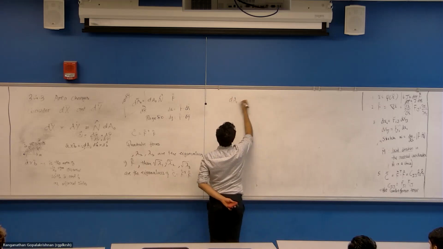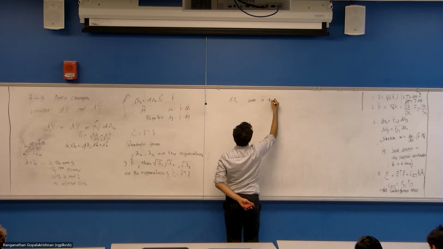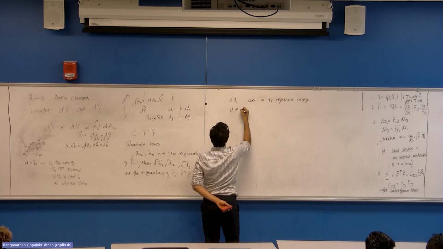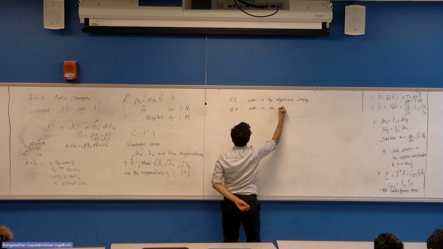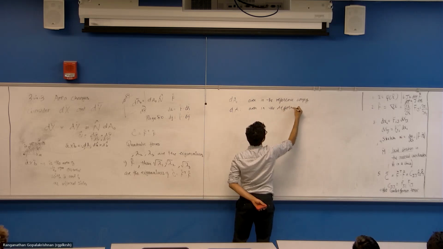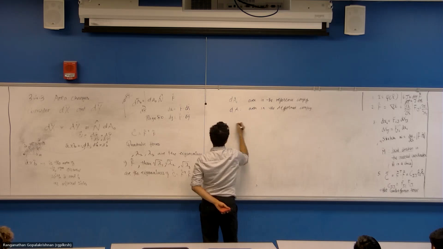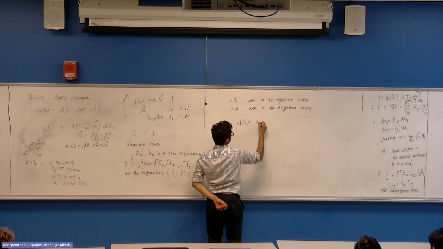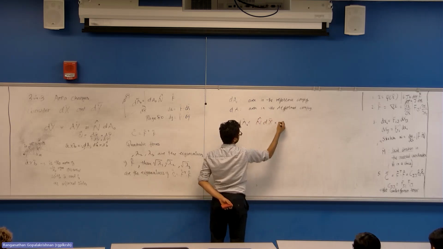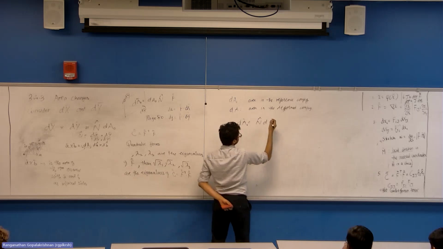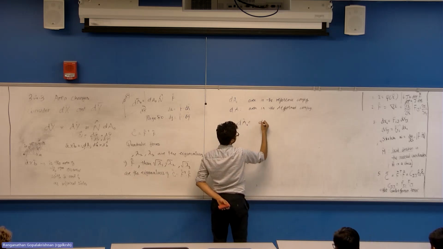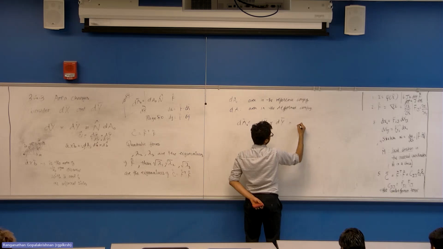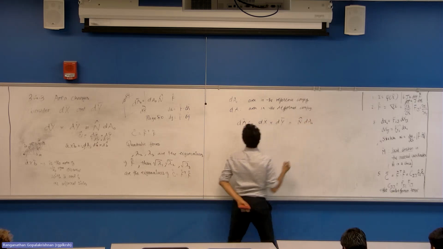dA naught is the area in the reference configuration. dA is the area in the deformed configuration. dA naught n cap is equal to dX cross dY, which you can write as n cap multiplied by dA naught.